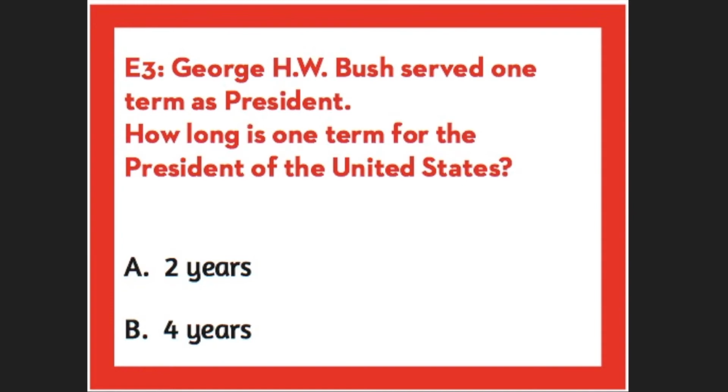How long is 1 term for the President of the United States? A, 2 years, or B, 4 years?